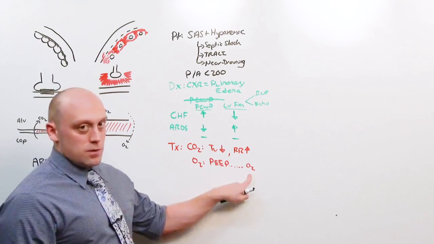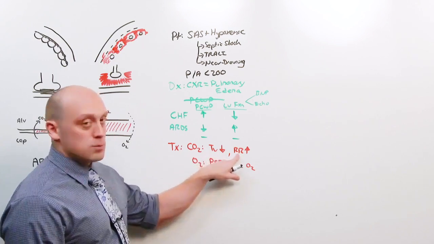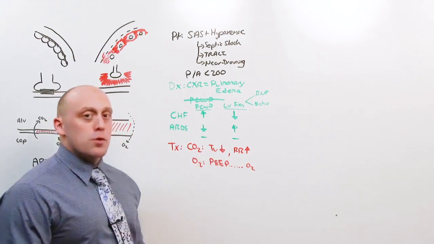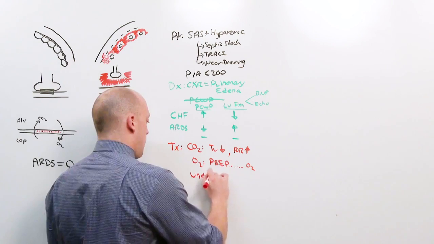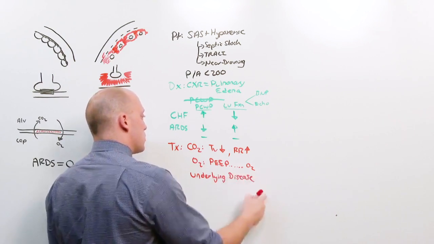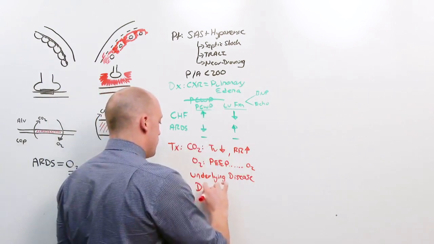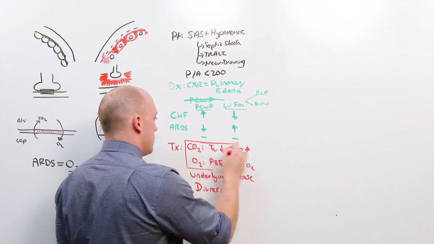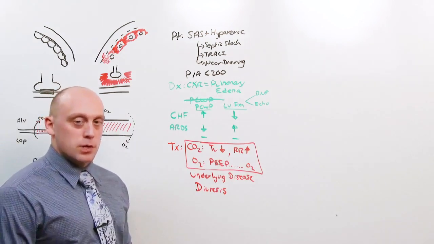You don't want to increase the FiO2, you want to increase the PEEP, but you have to use small, shallow, fast breaths to maintain the CO2 levels. The most important thing you can do for ARDS is treat the underlying disease. But because this is hypoxemic respiratory failure secondary to a pulmonary edema, you can try diuresis. But the ARDSNet protocol is all about PEEP, positive end expiratory pressure.